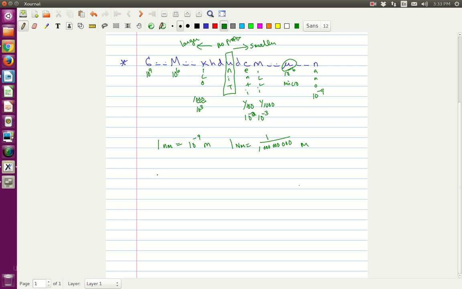Okay, so it takes 1 billion of them to make 1 meter. You've got to get the prefixes memorized. I'm going to make sure I add the prefixes on the Quizlet as well. Study them. You must know the prefixes by heart. Okay, and especially for unit conversions.